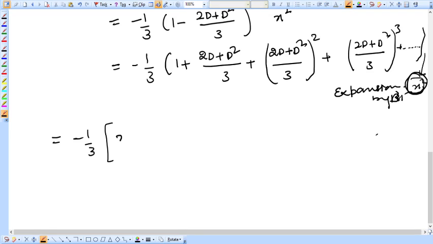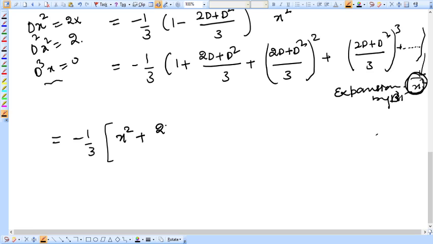Before writing this, let me tell you one thing. If you differentiate x square one time, you get 2x. If you differentiate x square two times, you get 2 only. But if you differentiate x square 3 times, you get 0. This is a very important thing here, because whenever the power of D rises, the differentiation becomes 0. So in this way, the higher terms in this case would become 0.